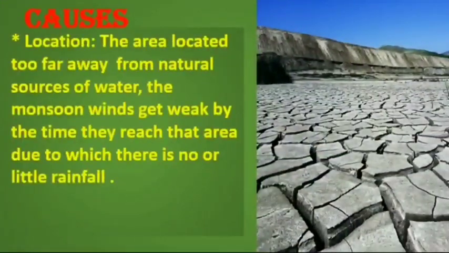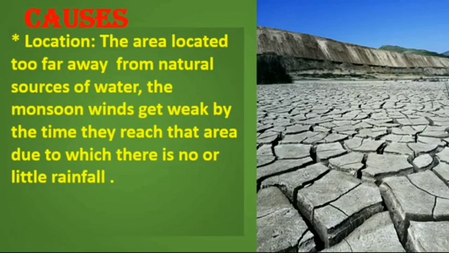The causes of drought. Location. If the area is located too far away from natural sources of water like rivers or the sea, the monsoon winds get weak by the time they reach that particular area, due to which there is no or little rainfall.